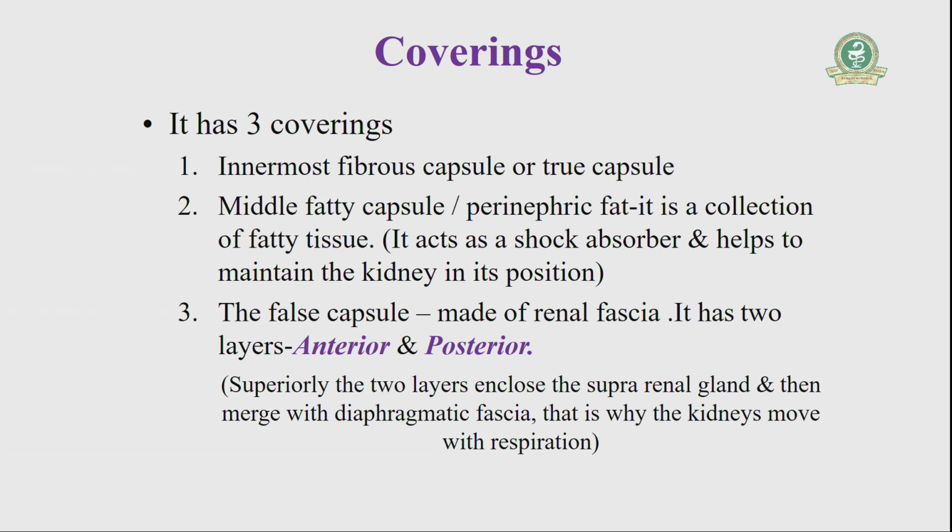The false capsule is made of renal fascia. It has 2 layers, anterior and posterior. Superiorly, the 2 layers enclose the suprarenal gland and then merge with the diaphragmatic fascia. That is why the kidneys move with respiration.